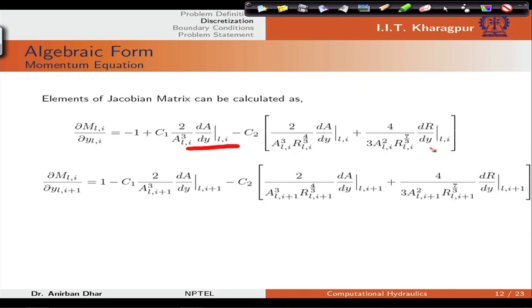Similarly dr by dy at the Li index, this is dA by dy at Li. Similarly for the second term we will have dA by dy at Li plus 1 and dr by dy at Li plus 1.